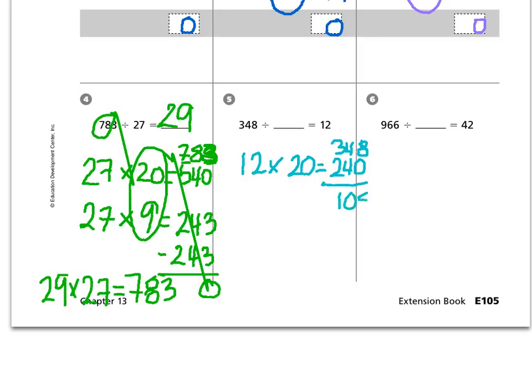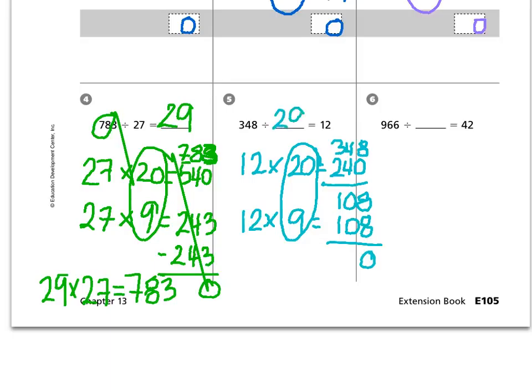So I need to think about what times 12 is going to get me 108. And I know that 12 times 9 will equal 108. And then I can subtract that and I get 0. So now I'm going to use 20 plus 9, which would be 29, and I would have 29 times 12 equals 348.